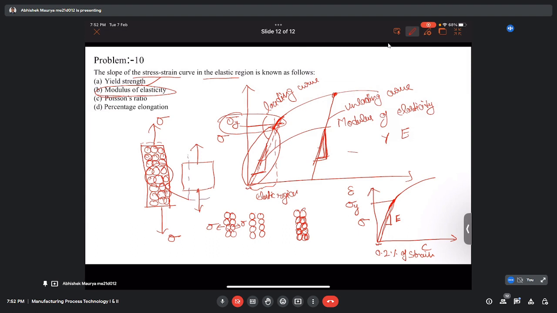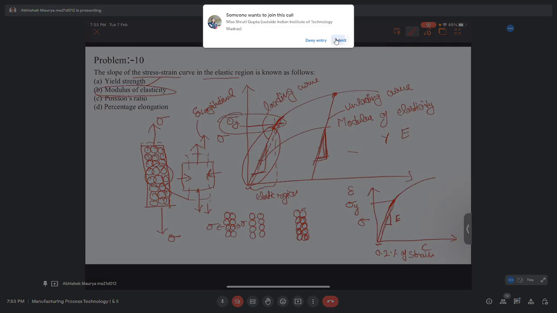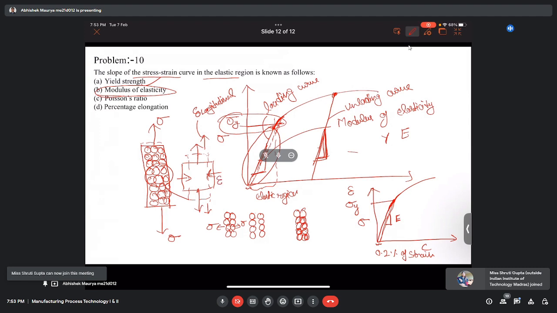Material will become something like this. So there is some strain in the longitudinal direction, and there is a reduction, some strain will come in the transverse direction. So that is called strain in the transverse direction.